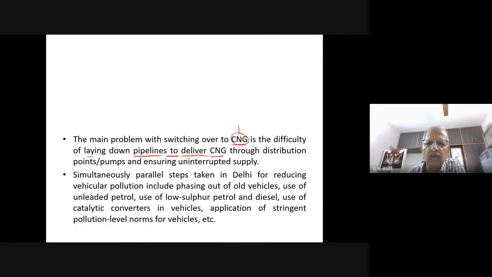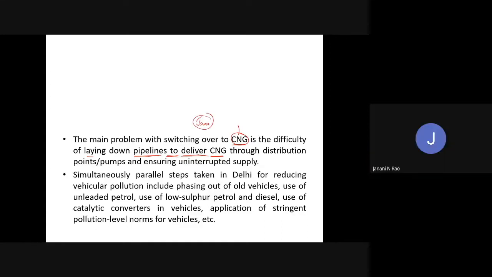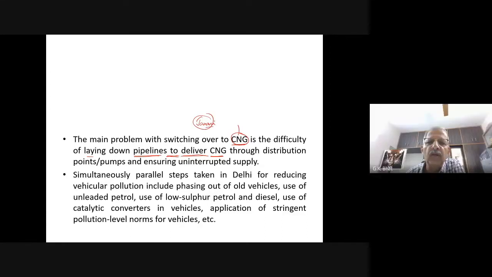Now, who is that? Oh, Janani. You do ride a vehicle? Not on the road, sir. Okay. Do you have any idea whether there is any petrol bunk in Udupi with CNG facility? I don't know, sir.